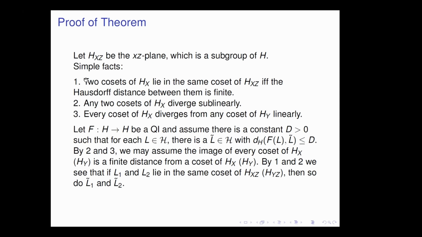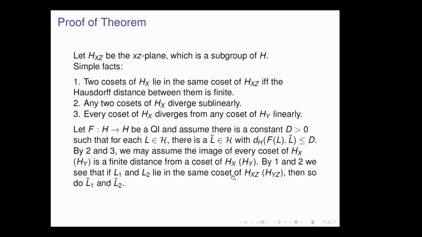And by facts 1 and 2, we see that if L1, L2 are cosets of the x-axis that lie in the same coset of the xz plane, then L1 tilde and L2 tilde also lie in the same coset of the xz plane.